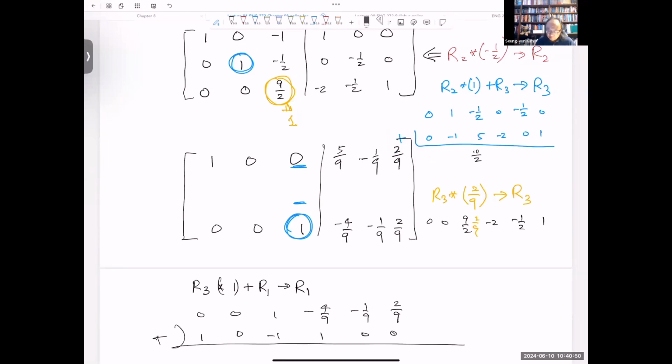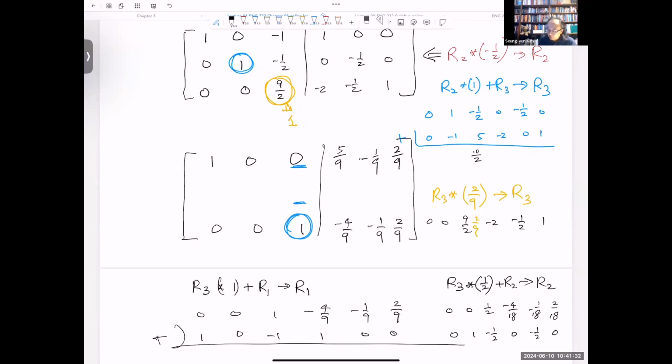And then the second row, we're going to multiply R3 times 1 over 2, add R2, put it back to R2. R3 times 1 over 2: 0, 0, 1 over 2, negative 4 over 18, negative 1 over 18, 2 over 18. And then R2: 0, 1, negative 1 over 2, 0, negative 1 over 2, 0.